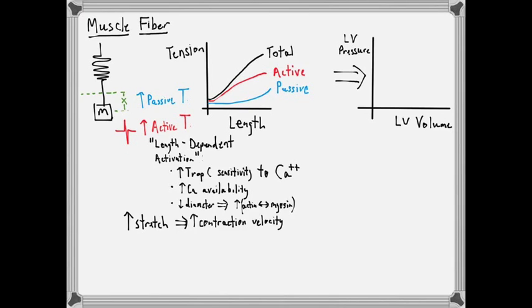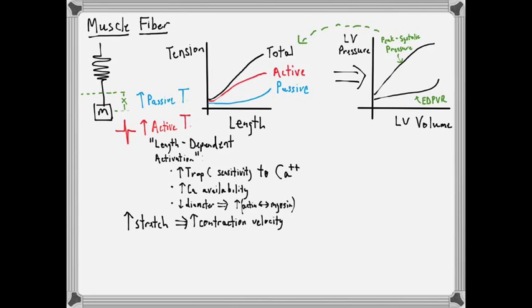And we should recall that if we fill our ventricle with fluid, we will have some pressure in the ventricle, and that is translated by the end diastolic pressure-volume relationship. Now, the greater LV volume we have, the greater peak systolic pressure we are able to provide. So again, if we have an end diastolic volume, we will have a corresponding peak systolic pressure, and this is directly from that total tension that we were able to obtain from the tension length relationship.